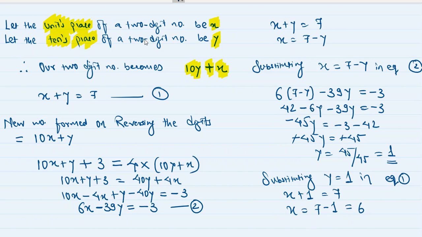I got the value of x as well. So the value of y is 1 and the value of x is 6. Now surely I can find our two-digit number, which is 10y plus x. Don't forget our original two-digit number is 10y plus x.